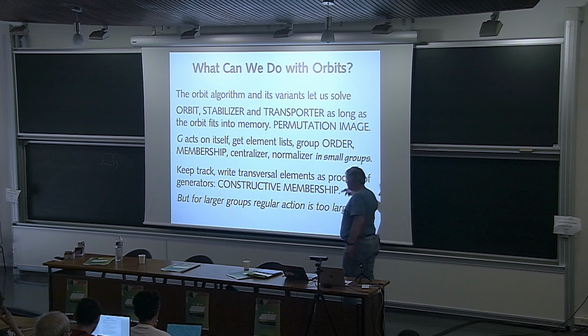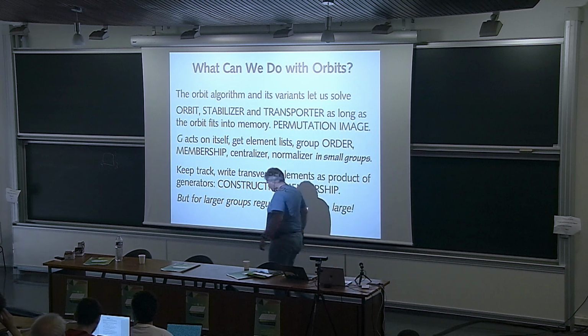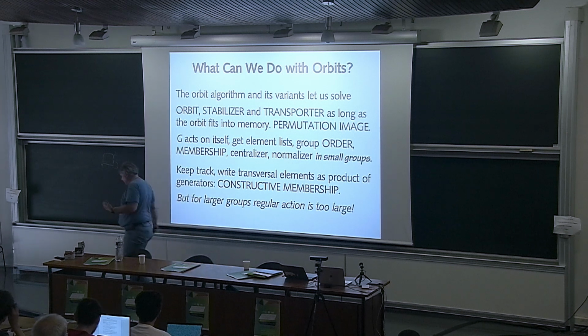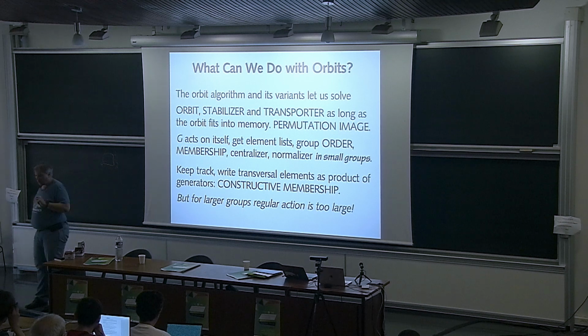And what we can do is, and I didn't write out how to because it's a bit messy, when I get new elements in an orbit, I can keep track of how they were obtained.